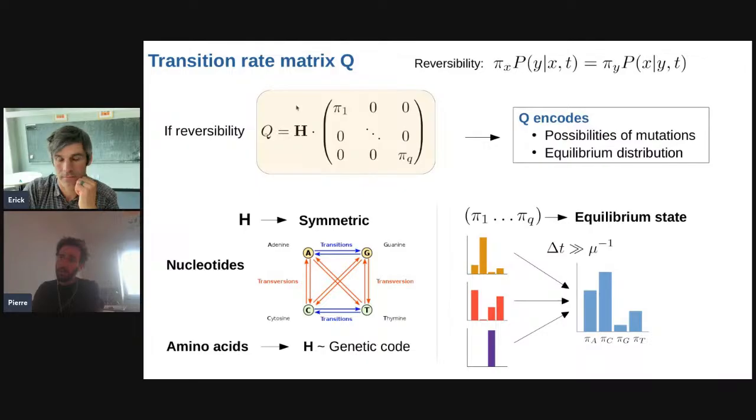And you have one part that is a symmetric matrix, where you can put any symmetric matrix with positive terms, and you will have a Markov chain. In this H matrix, you can simply put values that are proportional to the number of possibilities to go from one amino acid to any other, right? So something that takes into account the genetic code.